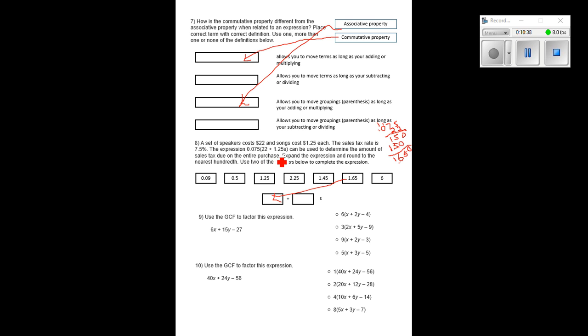Next, I'm going to take this number and multiply it to 1.25. Well, if I take 1.25 and multiply it to 0.75, well, 5 times 5 is going to give us 25. Here are the 2.